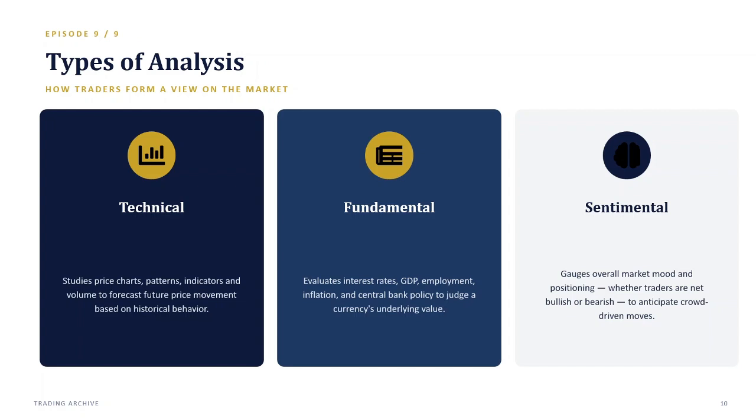Then you have the fundamental. Fundamental is the economic bias derived from economic data. So we have interest rates, the GDP, which is the gross domestic product of an economy, employment rates, inflation, central bank policies, all those things. Those are the fundamental aspects.